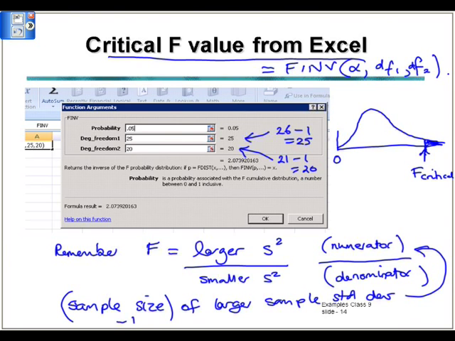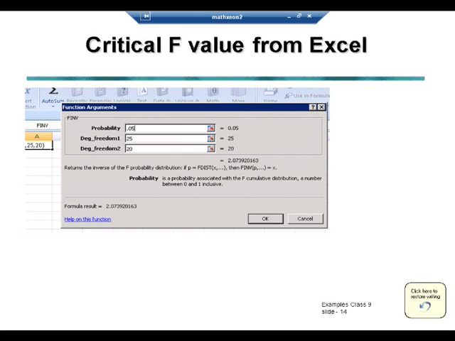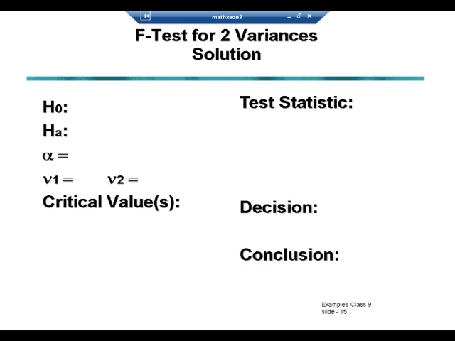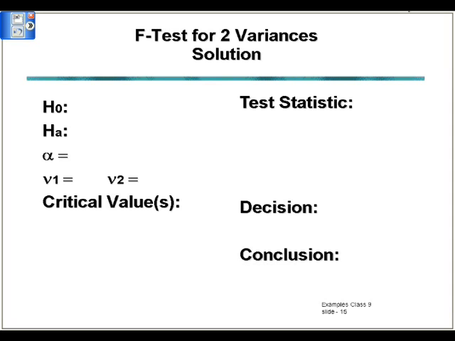So let me just write that on before I forget. Remember this distribution is very skewed and starts at 0. So our critical value is 2.07, with the alpha value on the right of 0.05.